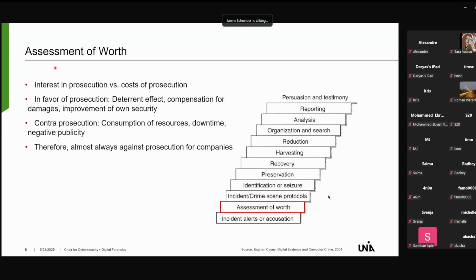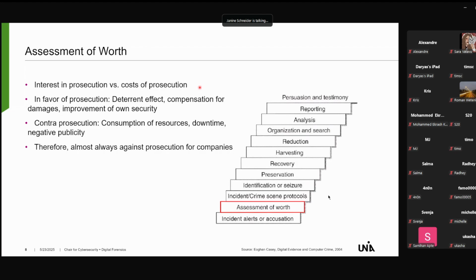Okay, the second phase is the assessment of worth, in German Güterabwägung. There you try to decide if you want to pursue this further. This is especially interesting in a company context, where you can decide if you want to prosecute or if the costs for the prosecution are too high.